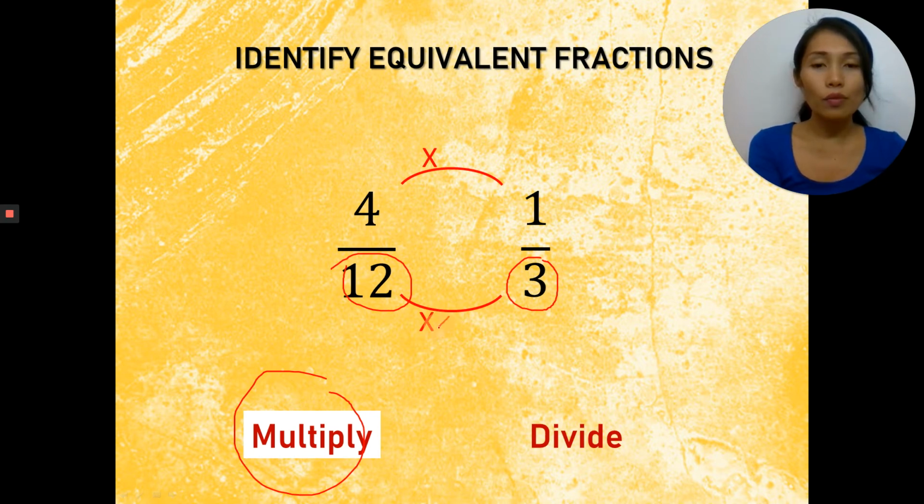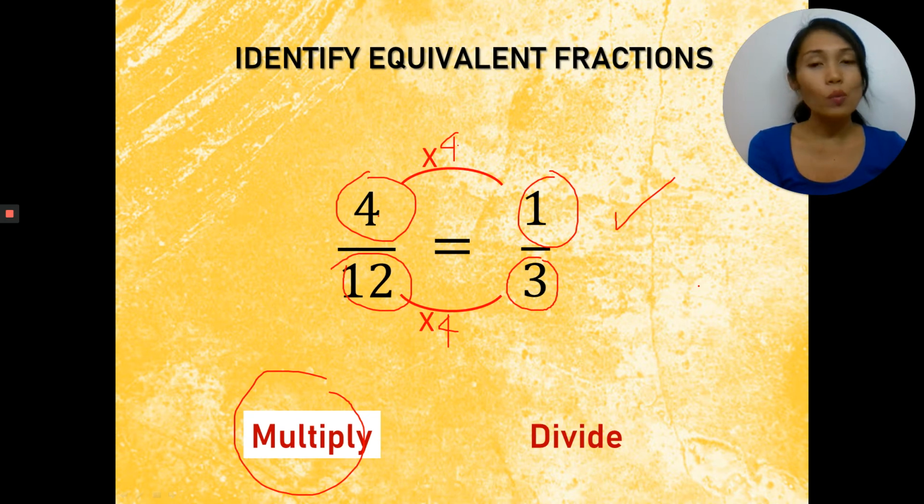So 3 times 4 equals 12. Since you multiply 4 here, we multiply 4 above also. 1 times 4 equals 4. Is it correct? Yes, that means they are equal. 4/12 is equal to 1/3.